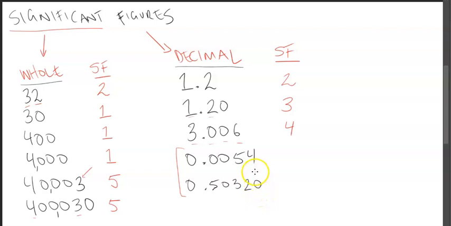But this changes when it gets to numbers starting with the number 0 that are decimals. In this case here, 0 is insignificant, and any zeros after that 0 are also deemed insignificant. The first significant figure starts at that 4 and trails onwards.